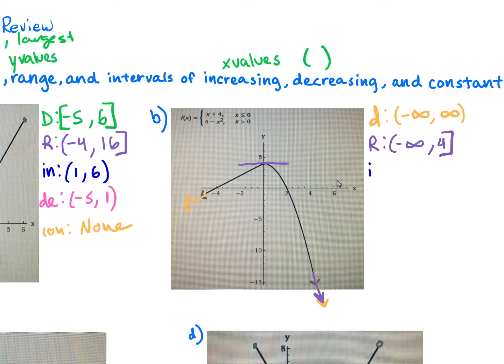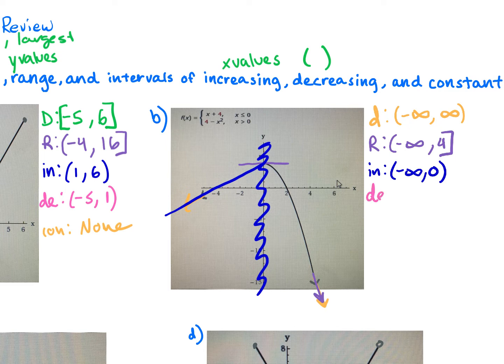Next, for increasing, decreasing, constant, we move from left to right, so I am increasing as I go up to 0. We ignore the y values, so it would be -infinity to 0 with parentheses.